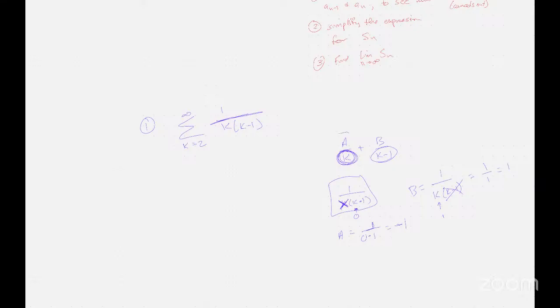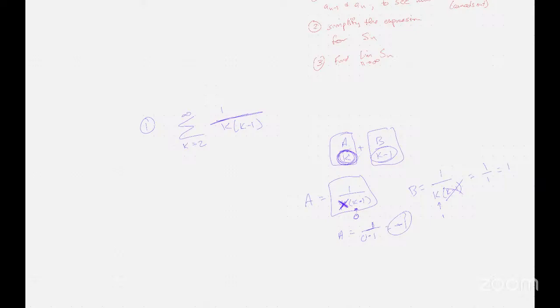And for what K value is that undefined? 1. So to find A, you cancel out that part of the denominator and plug in 0 for the other K. That's the hack. Then it's just -1 over 1. Okay, -1 and 1. That makes sense.